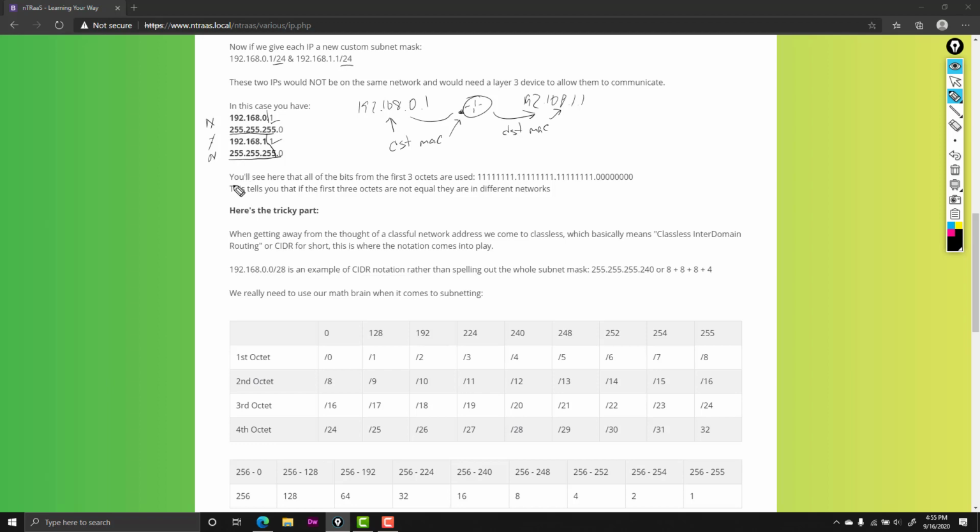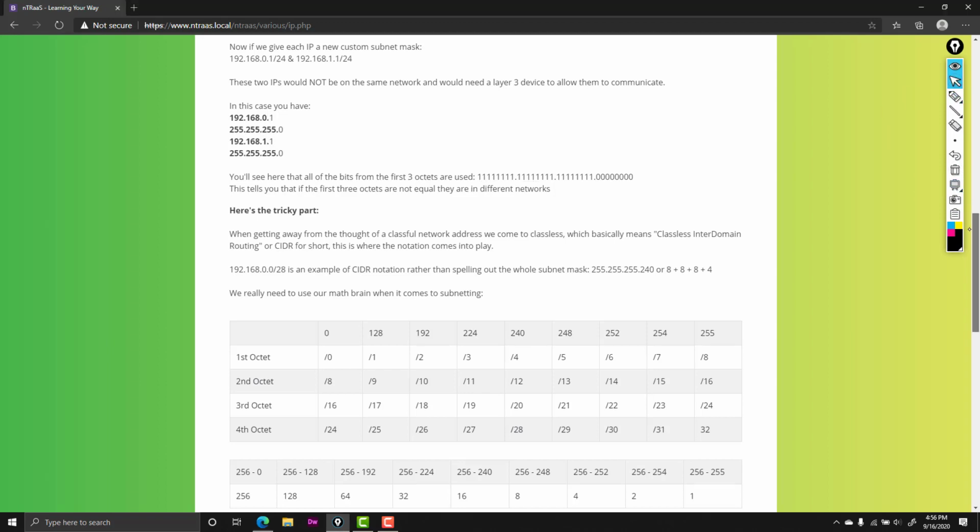You'll see here that all of the bits from the first 3 octets are used: 8 ones, 8 ones, and 8 ones, which gets us our /24. 8 plus 8 is 16, plus 8 is 24. This tells you that the first 3 octets are not equal, they are in different networks, as you saw before. 192.168.0, 192.168.1, different networks.